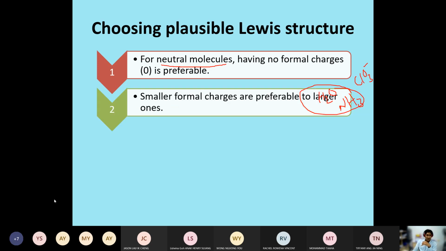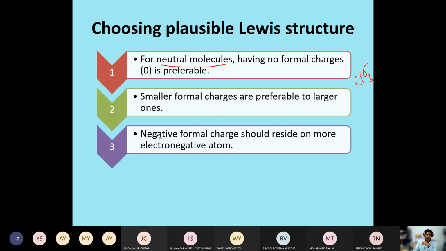The smaller formal charges are better than bigger formal charges, which we have just seen, and negative formal charge should reside on the more electronegative atom. So just now we have seen the electronegative atom oxygen and sulfur was there.